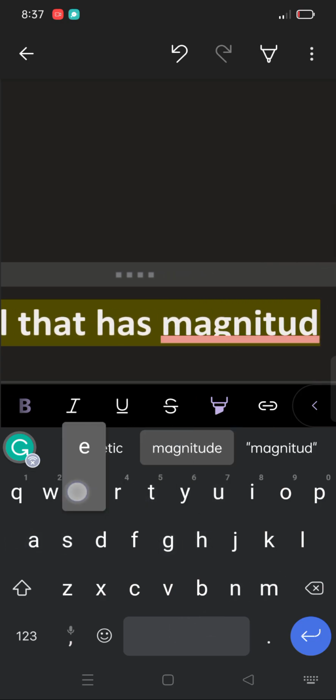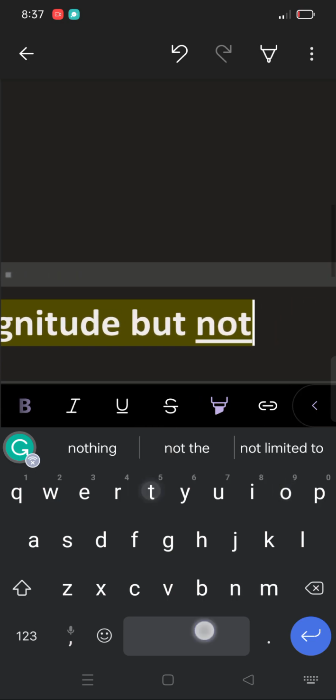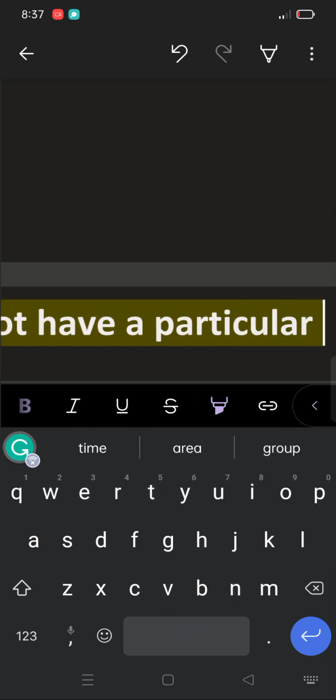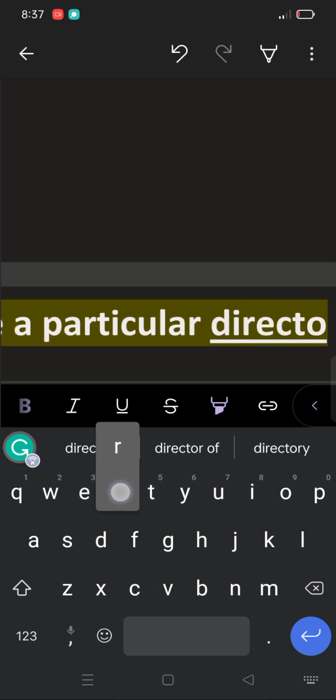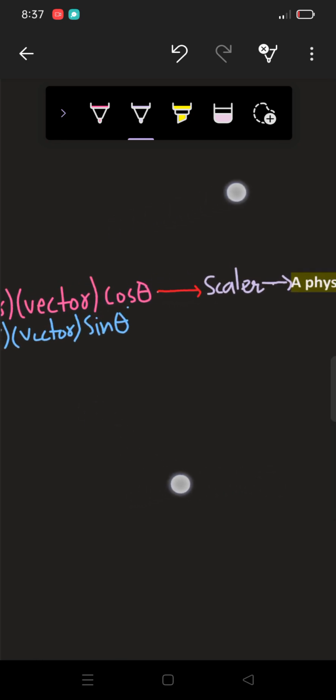Now magnitude includes both numerical value and the unit, but it does not have a particular direction, and is called a scalar quantity. So here I have written the definition as well. What is a scalar quantity? A physical quantity that has magnitude but does not have a particular direction.